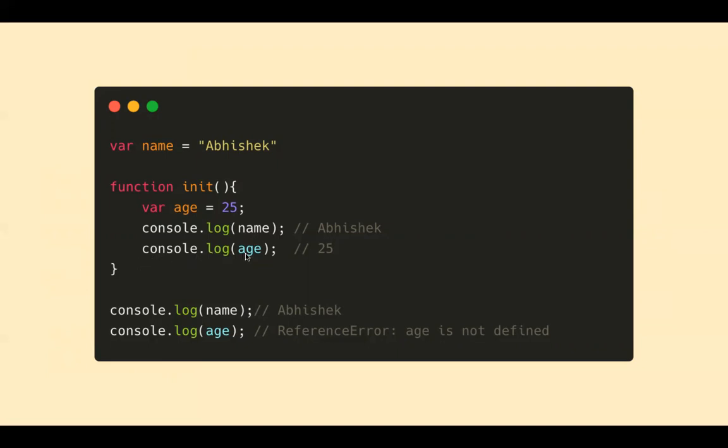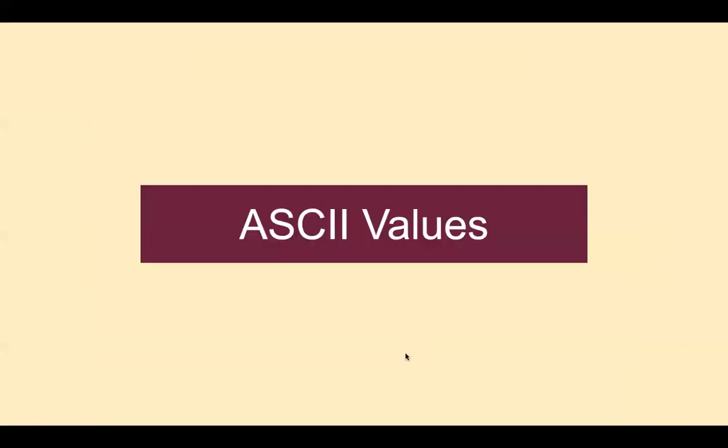And if I do console.log age, it is equal to 25 because we are accessing it inside the function only. Now if we do console.log name outside, again it will be available because the variable name had a global scope. Now if we do console.log age outside, it will give a reference error because age has a functional scope. So that's why it will give a reference error.